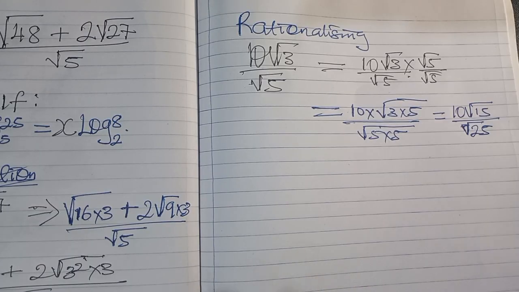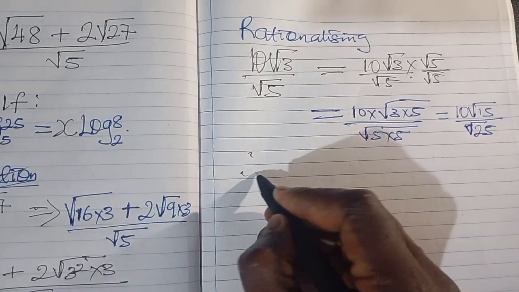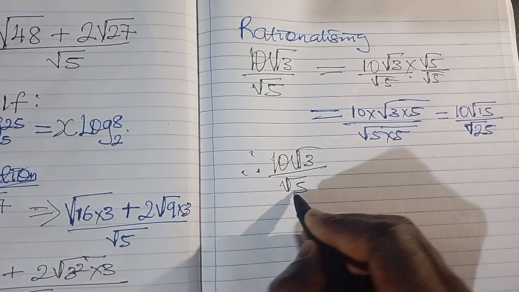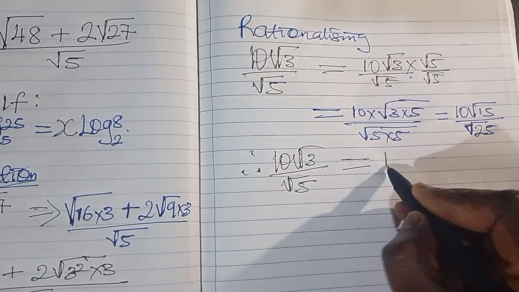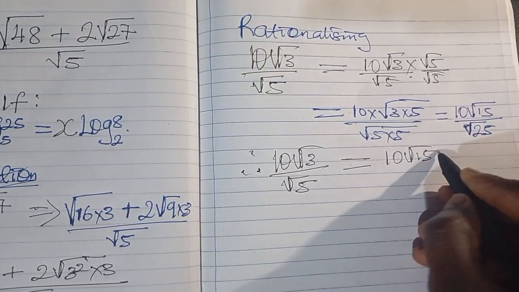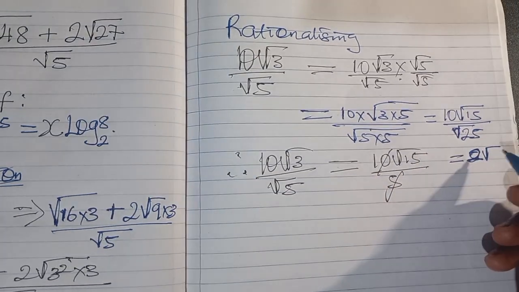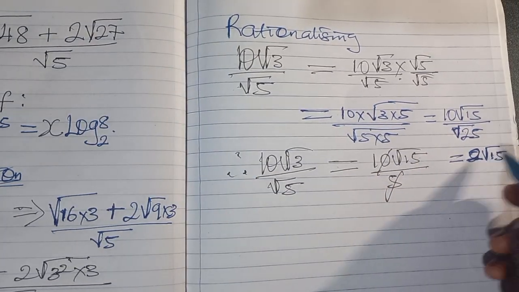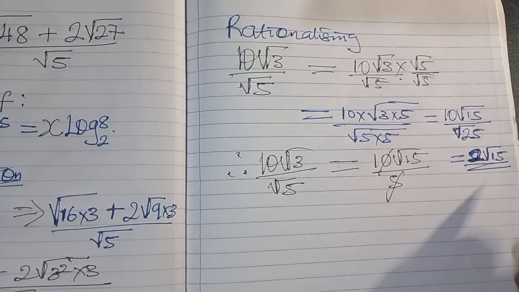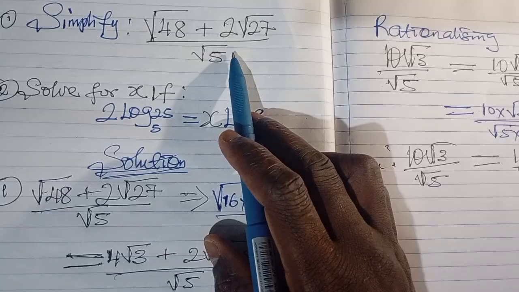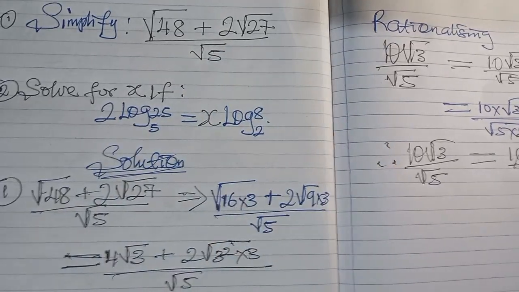Alright, therefore 10 root 3 divided by root 5 is equal to 10 root 15 divided by 5, and this can now go to 2 root 15. Therefore, when you simplify this expression, you will have 2 root 15.